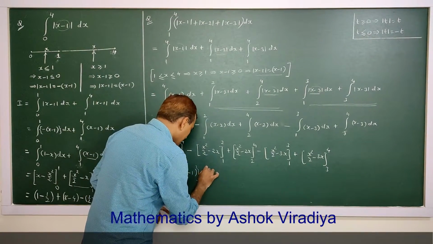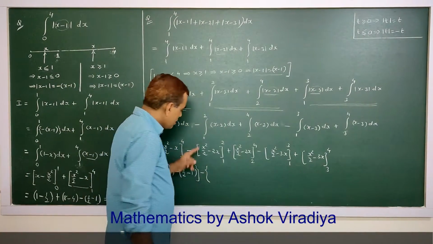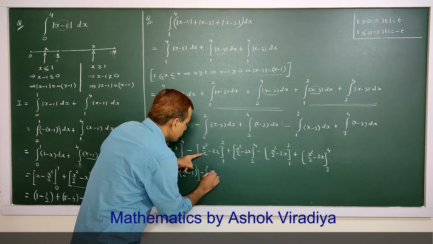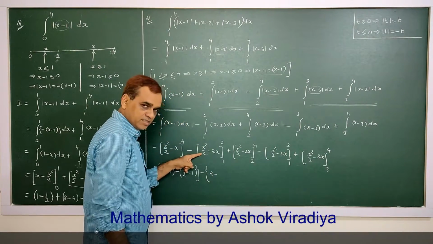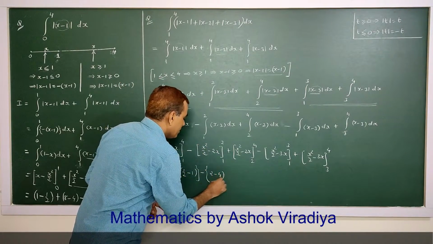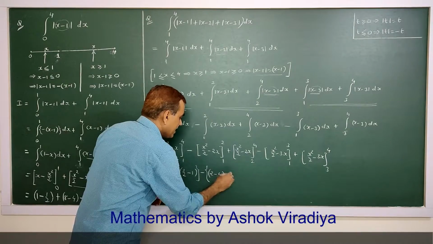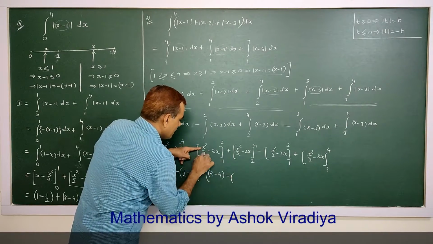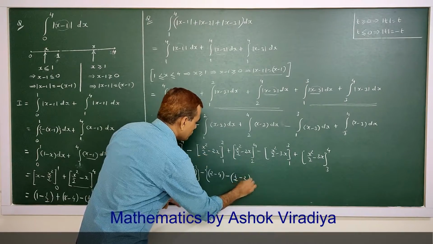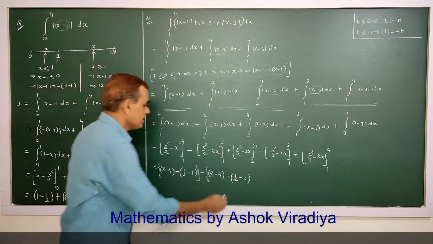Minus, now I am putting the value of the second term. Putting here 2 square is 4 by 2 is 2 minus 2 into 2, 4. So upper limit is taken, now minus lower limit. So 1 by 2 minus 2 into 1 is 2. So this is the second term.